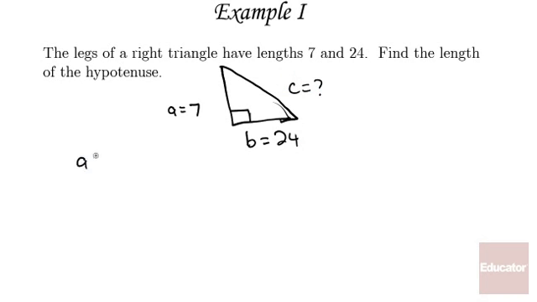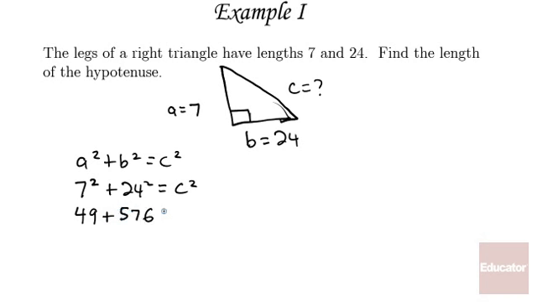So using the Pythagorean theorem, A squared plus B squared equals C squared. Substituting 7 for A and 24 for B, you're going to end up with C squared. 7 times 7 is 49. 24 squared is actually 576. And this is going to give me C squared.